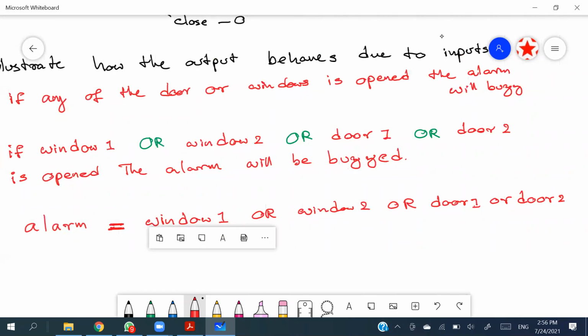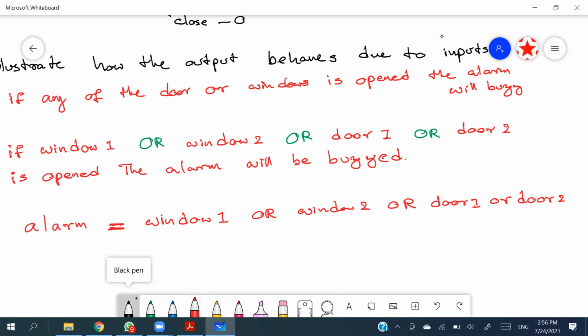Now what did I do? The previous illustration, I took it to an equation kind of thing. So I say output will be equal to window 1 or window 2 or door 1 or door 2. Right?